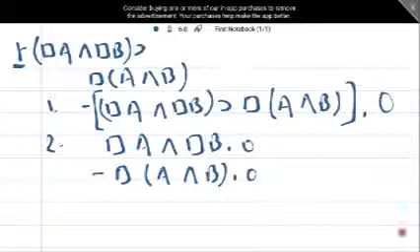In truth tree method, we write conjunctions one below another. So we have just assumed this to be P and this as Q, and P implies Q is not P wedge Q, and not P wedge Q. Because of this negation, we apply De Morgan and we get this P and not Q.